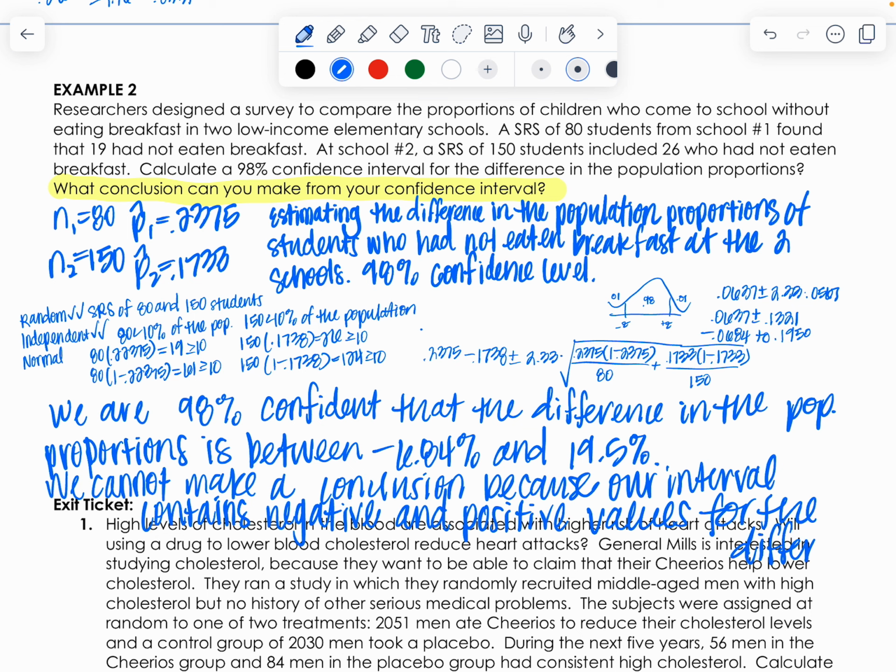I'm going to shrink that so you can see it. Sorry about my big handwriting.